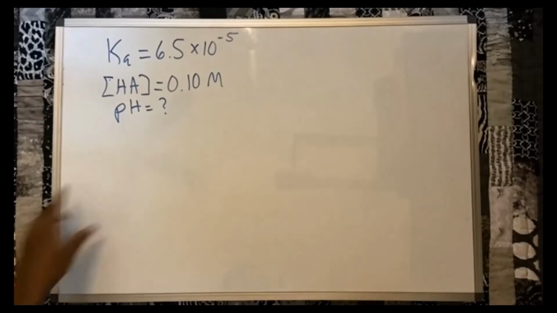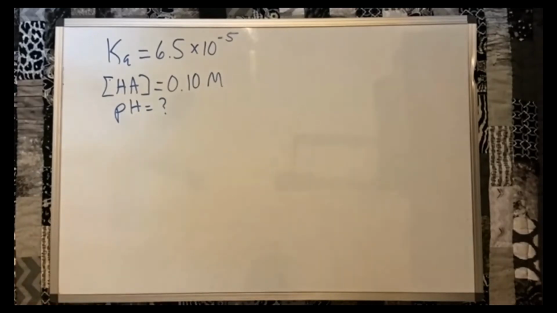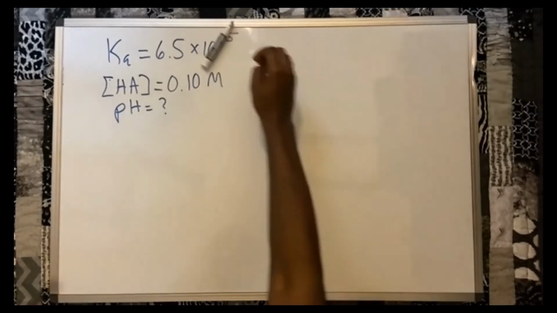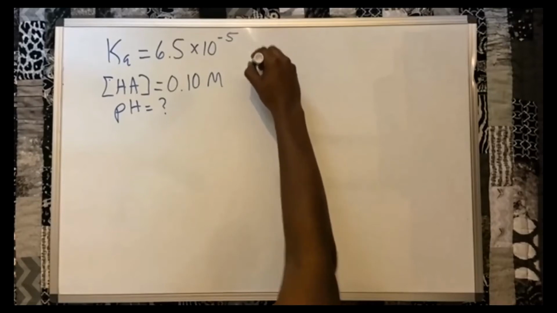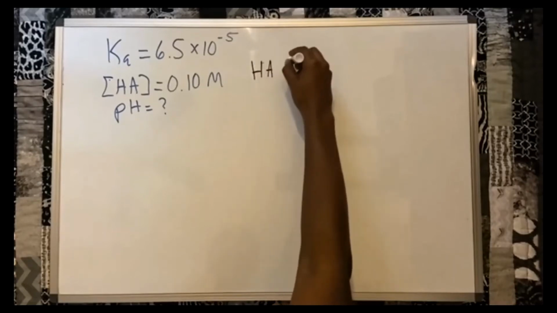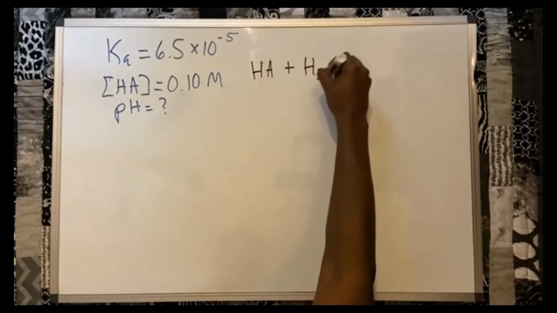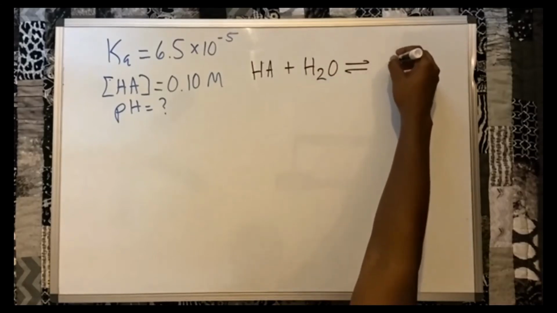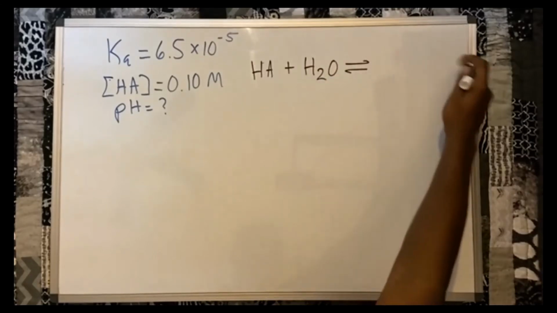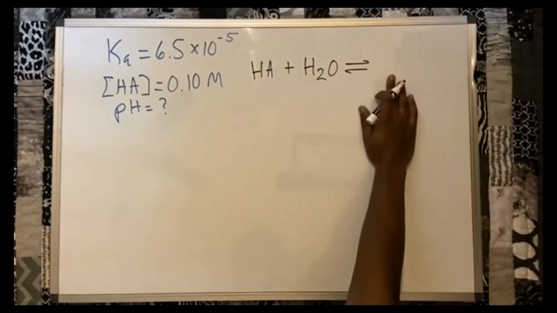Do you remember doing this? I know it was a long time ago. Yeah, it's an ICE table with water being the base, right? Yes. So you write HA plus H2O comes to... what are my products here?